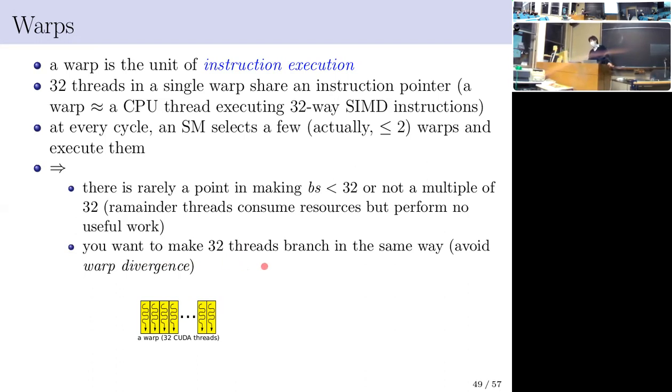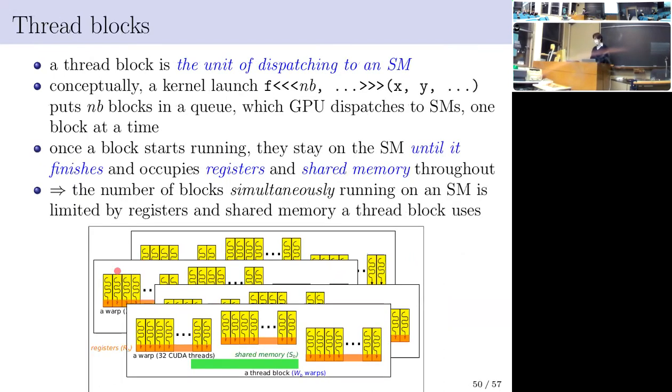Actually, when this happens, the execution of this particular warp takes twice as much time, the time to execute both the then and else branches. So you had better maintain that all 32 threads within a single warp branch in the same way. This is called avoiding warp divergence. Okay, so this is warp.